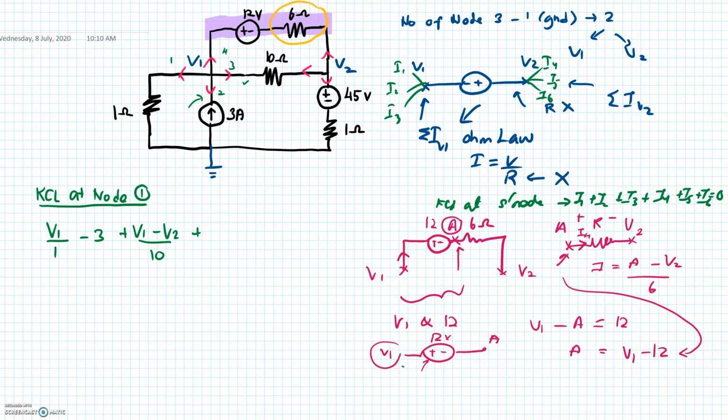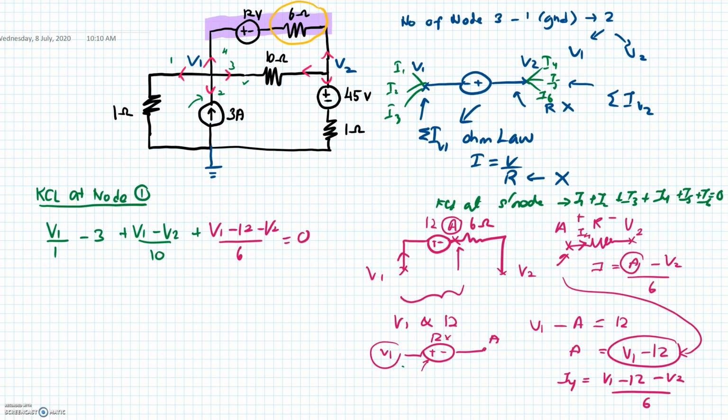Okay, so A is here. So substitute this equation into this equation, then you can get the value of I4 is equal to V1 minus 12 minus V2 over 6. So here is V1 minus 12 minus V2 over 6 equal to 0. So this is the equation for the KCL at node 1.